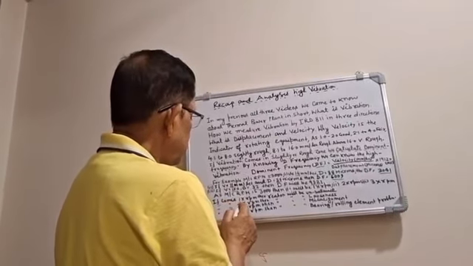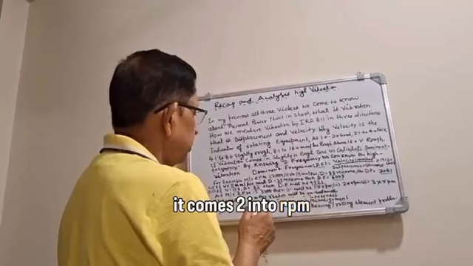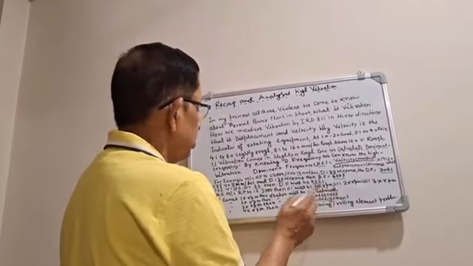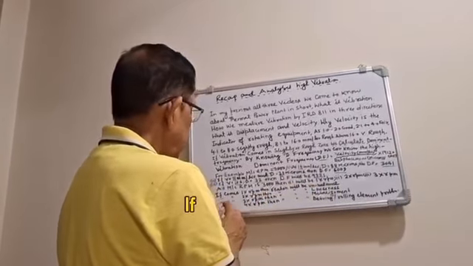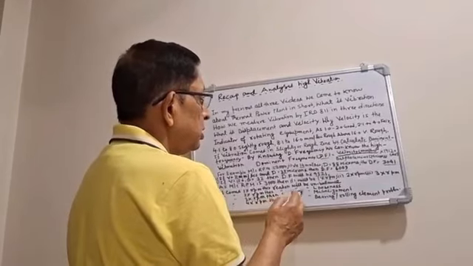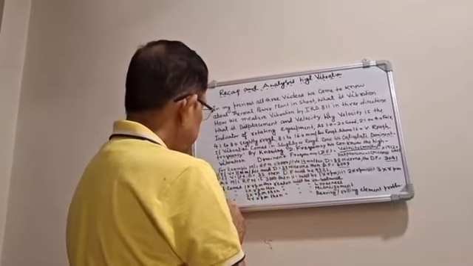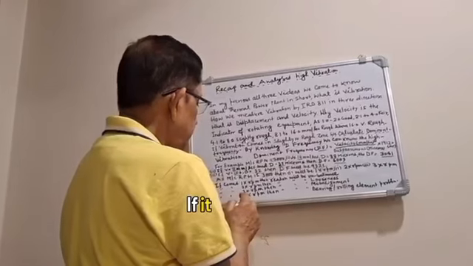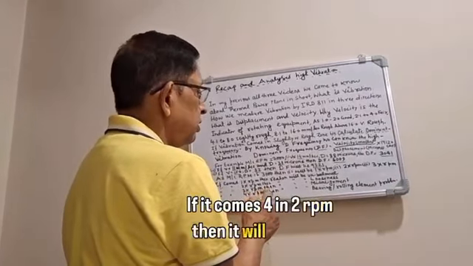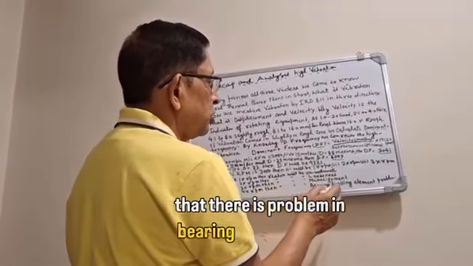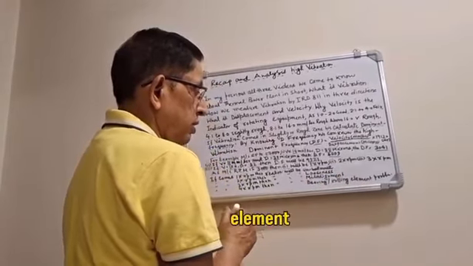If it comes 2 into RPM, then there will be looseness. If it comes 3 into RPM, then there will be misalignment. If it comes 4 into RPM, then it will indicate that there is problem in bearing or rolling element.